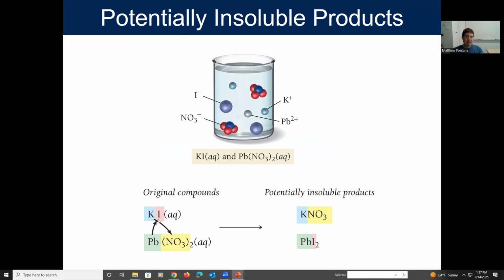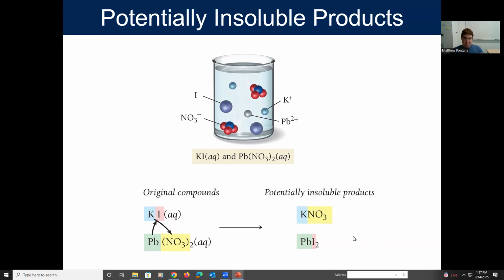So what that means here is the K plus from potassium iodide is going to partner up with the nitrate of lead nitrate, and you're going to form potassium nitrate. And that is going to be what you have here. Then the lead cation is going to swap out its partner for the iodide anion, forming lead iodide.